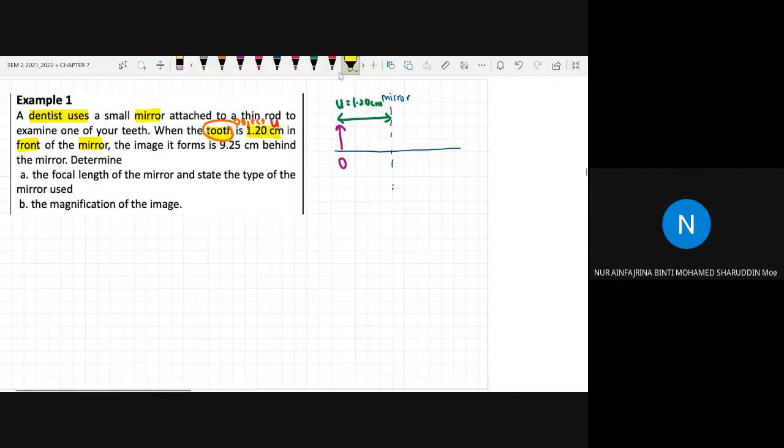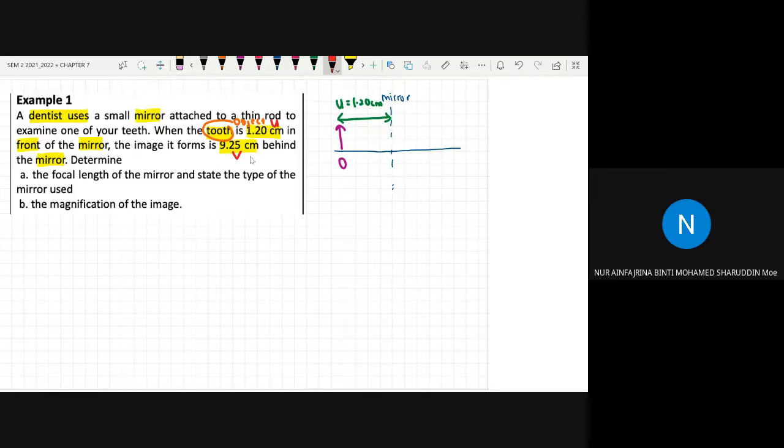Okay, dan image it form is 9.2 cm behind the mirror. So 9.2 cm ni adalah awak punya V. Very good. So maksudnya sekarang image awak akan berada di belakang mirror.